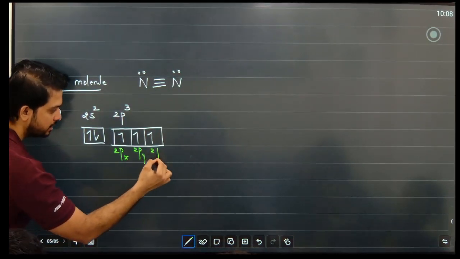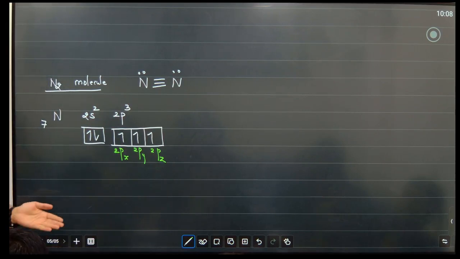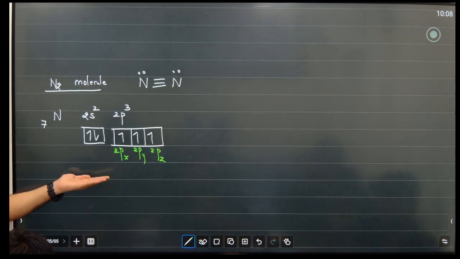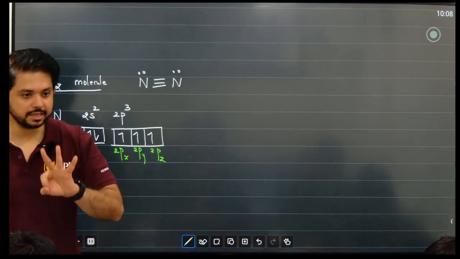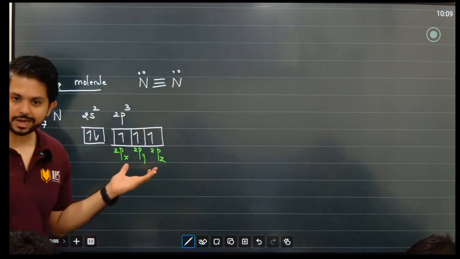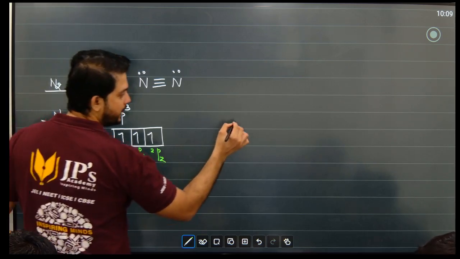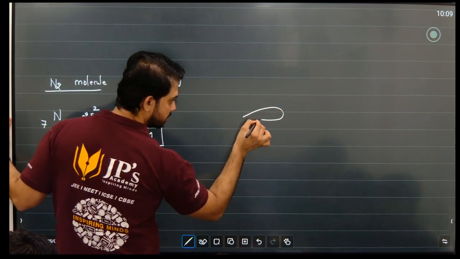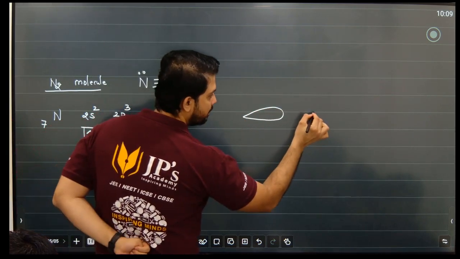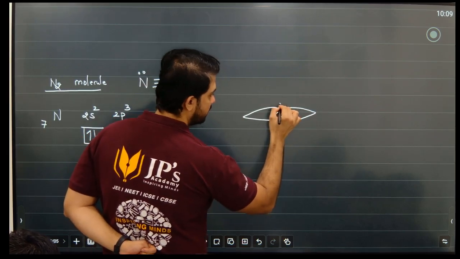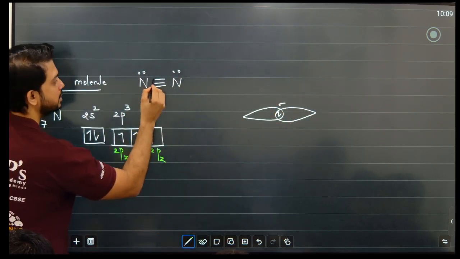2py and, here one more nitrogen will come. The second nitrogen needs 3 electrons to complete its octet. The first nitrogen needs 3 electrons to complete its octet. The first nitrogen का 2p will overlap with the second nitrogen का 2p और बन गया आपका पहला sigma bond.